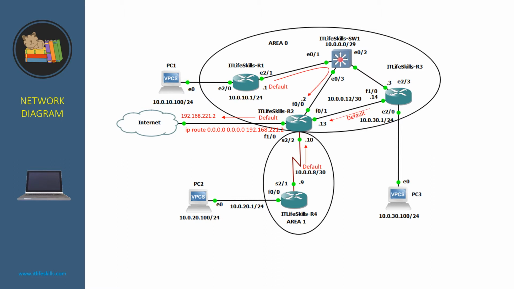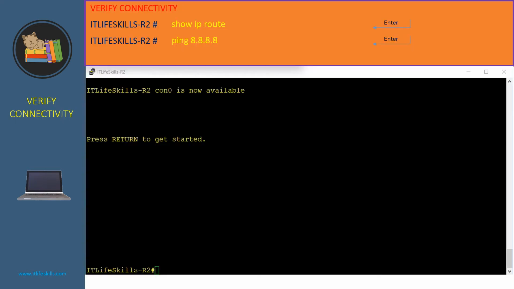However, with OSPF, we can achieve the same goal by using the router subcommand default-information originate. This command advertises an OSPF external type 2 default route to other neighbor routers. We will use these two commands to verify the routing table and the connectivity to the internet.